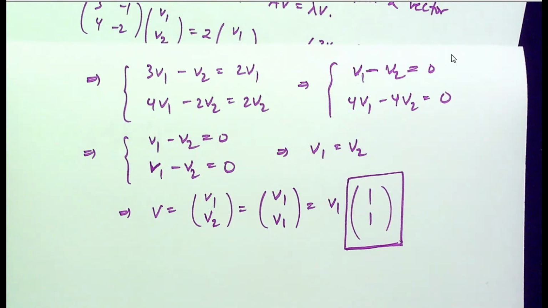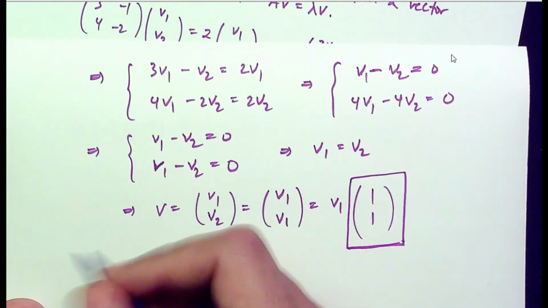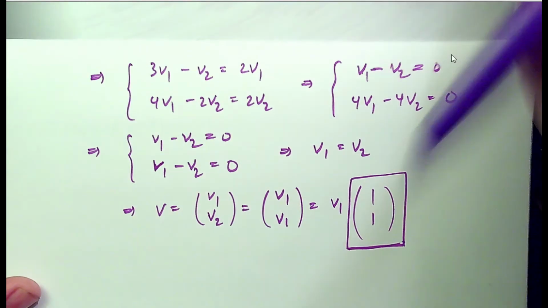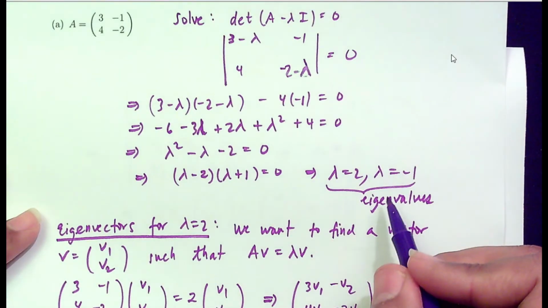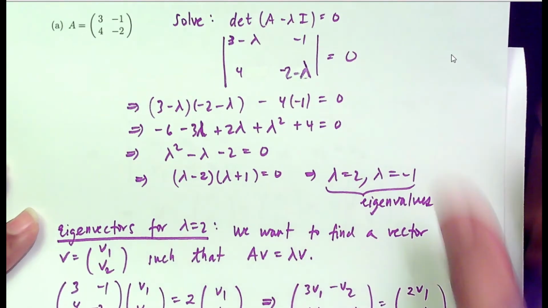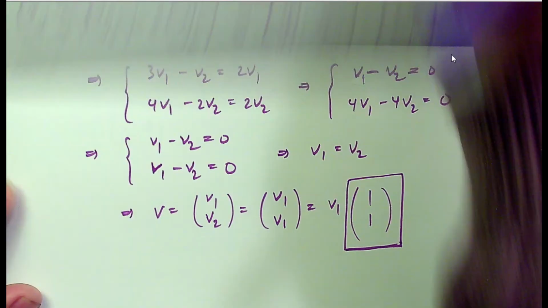Now we're going to find the eigenvectors for the other eigenvalue because we had two eigenvalues. Now we're going to do the same thing for lambda equals -1.